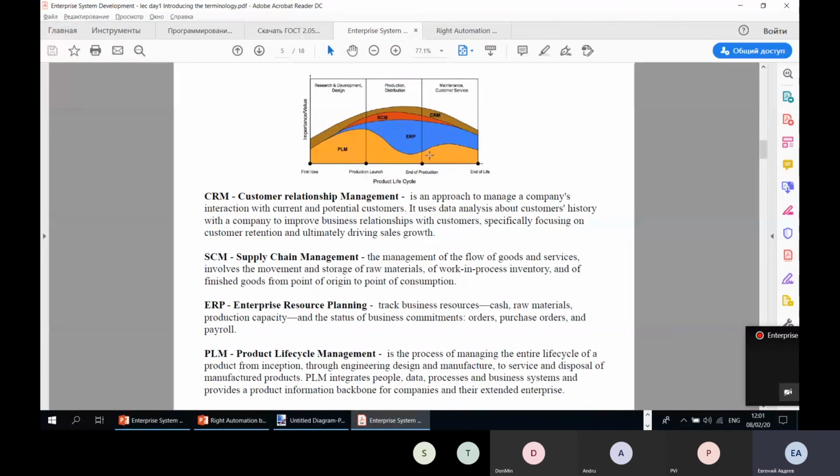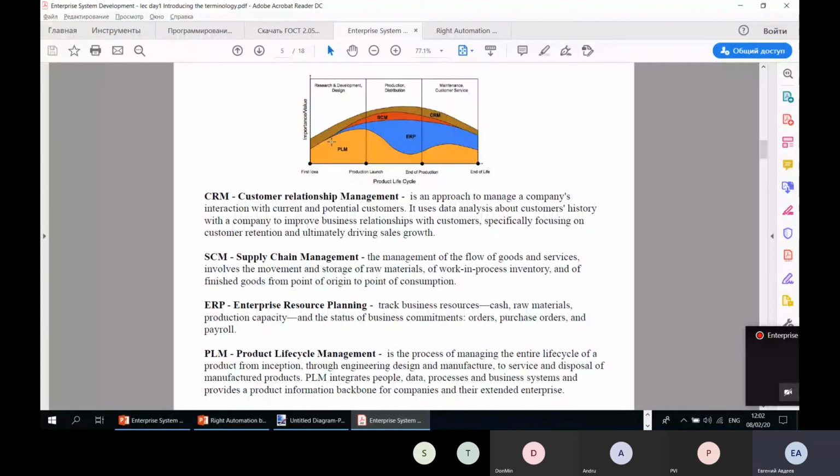Also, what I want to notice is that some existing information products have instruments of each of these systems.